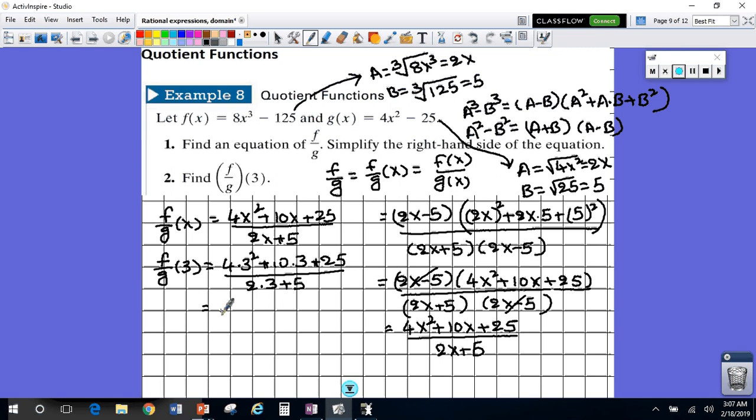This is 9 times 4, 36, plus 30 plus 25, over 6 plus 5. So how much is this? 30 plus 25 plus 36 is 66, 66 plus 25 is 81, okay, 81 divided by 11. This will be your answer.